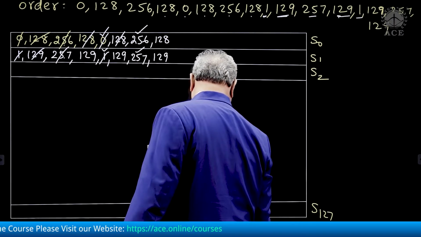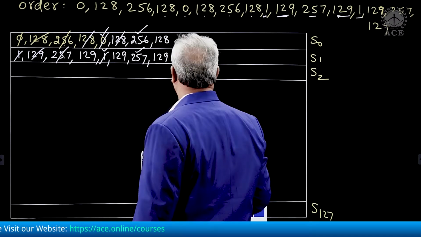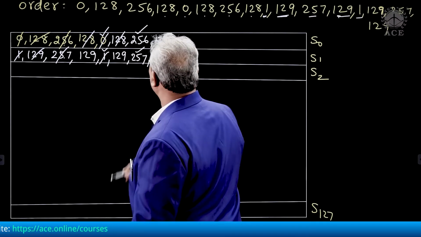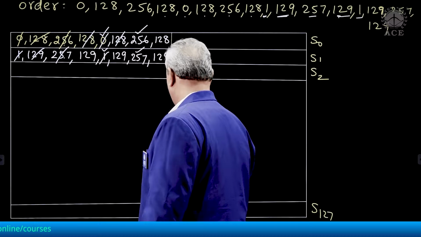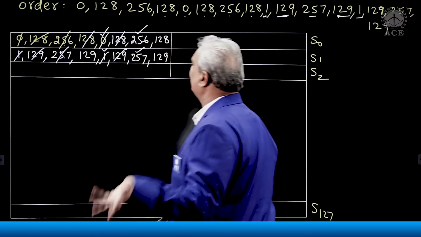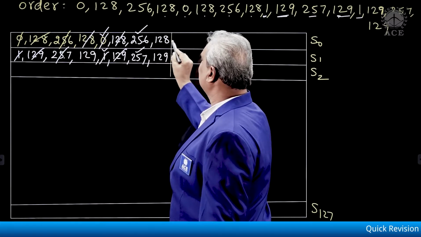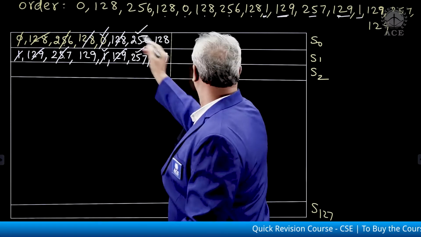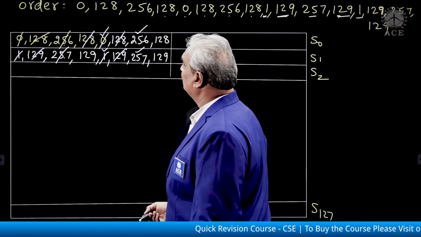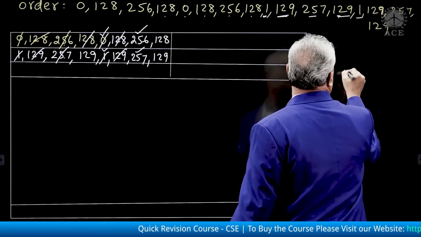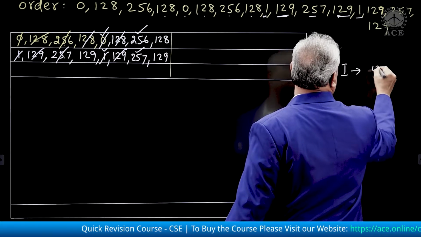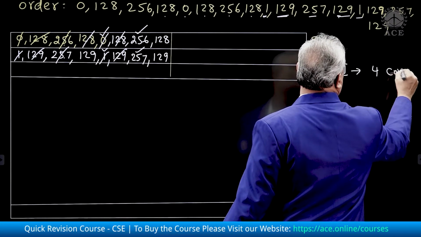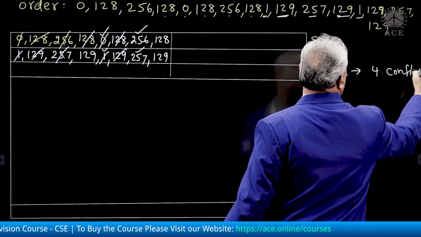After completion of the first time, which blocks are available? 256, 128, 257, 129. Okay. How many total conflict misses after the first time? 4 conflict misses.